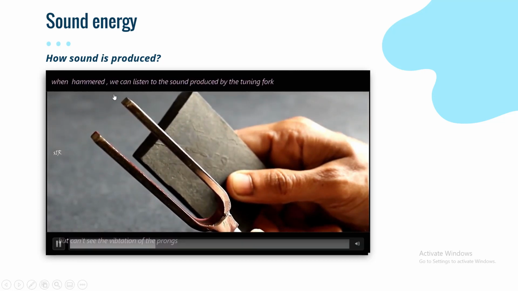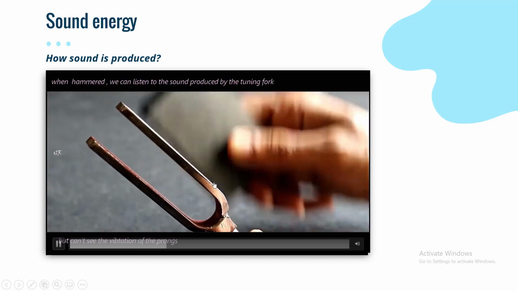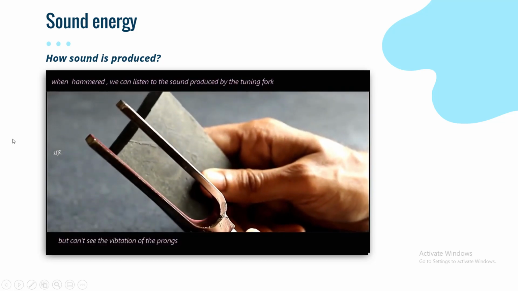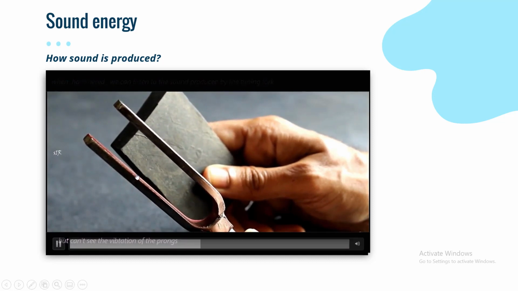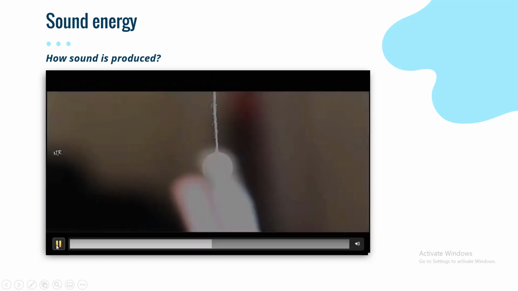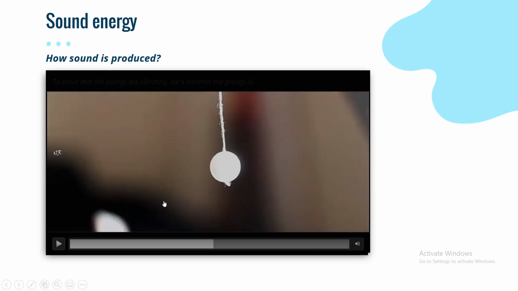As we see here, when hammered, we can hear the sound produced from the tuning fork, but we can't see the vibrations of its prongs. Why? We say that the body creates sound after it vibrates, but we can't see the vibrations of the tuning fork.